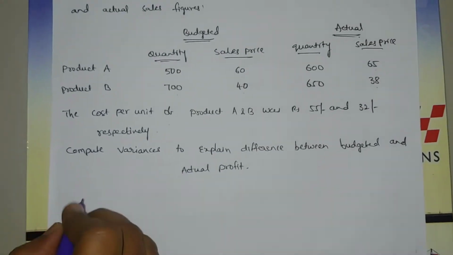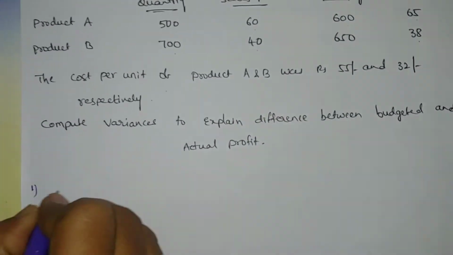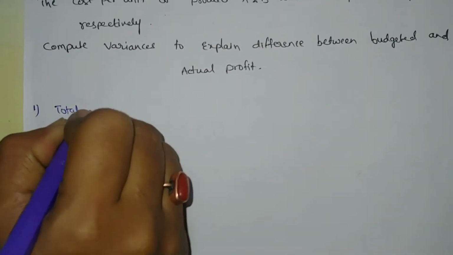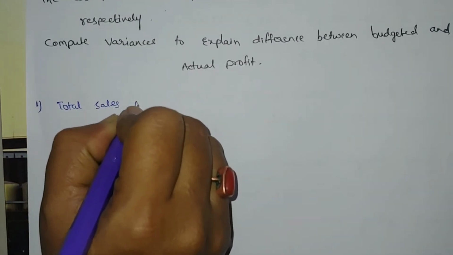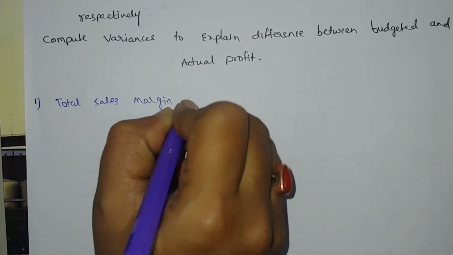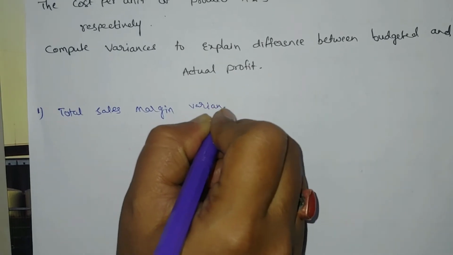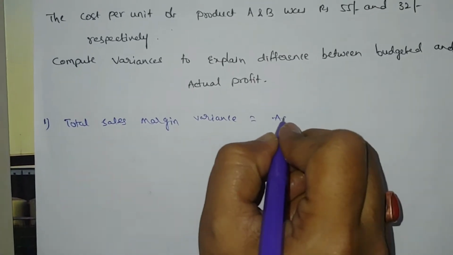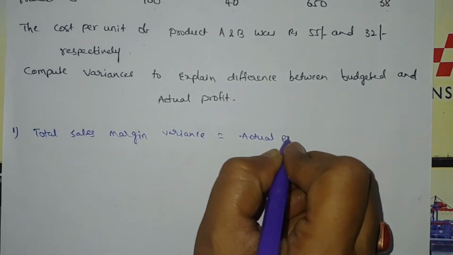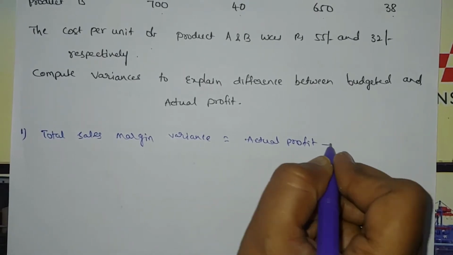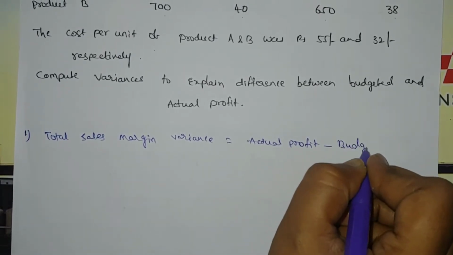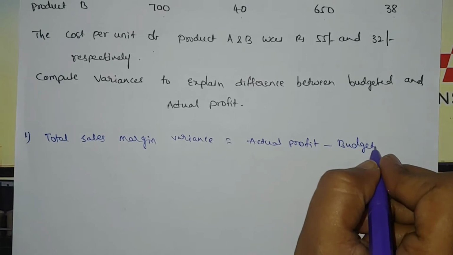First we have to calculate total sales margin variance. Total sales margin variance is equal to actual profit minus budgeted profit.